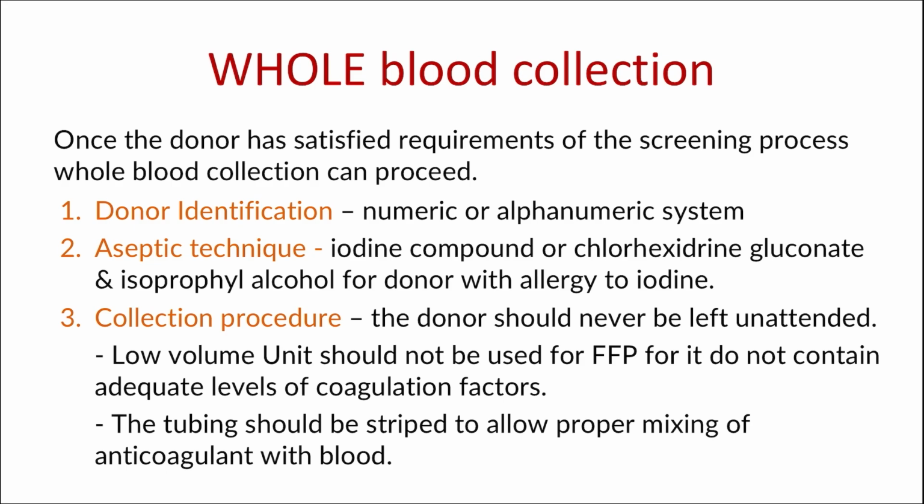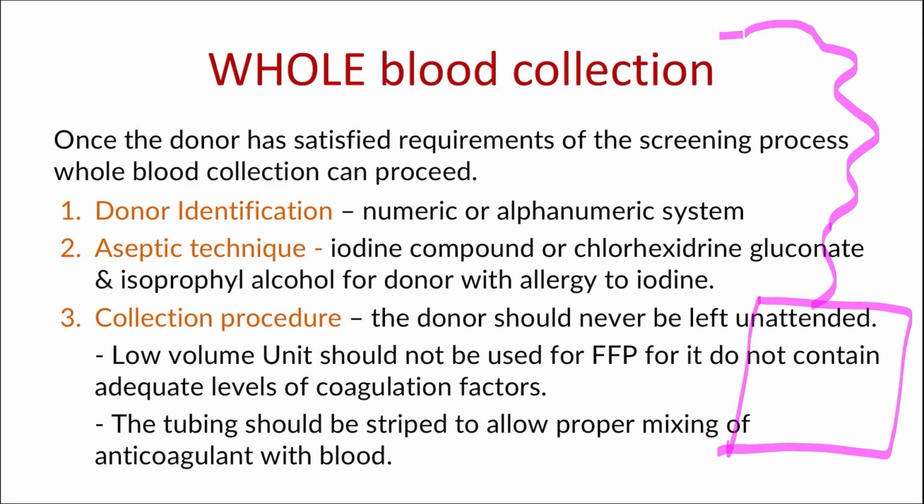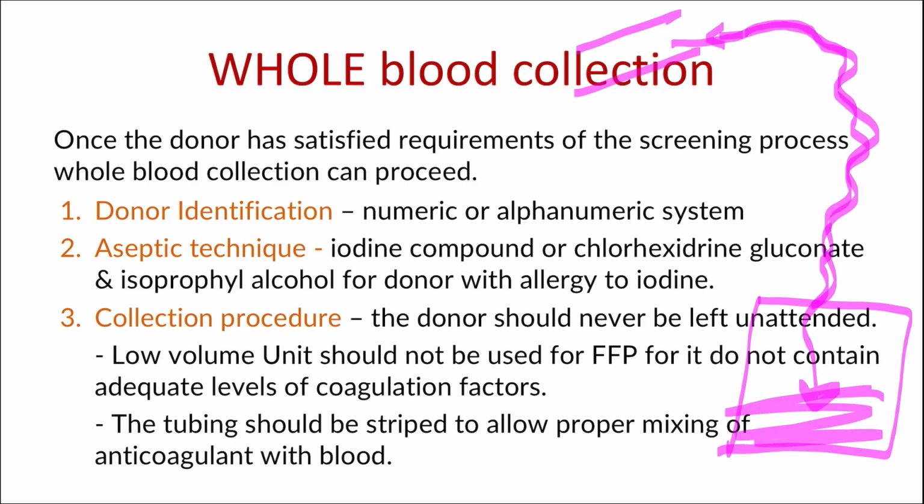What is meant by this one? So again, you have here the needle, and then you have here the tubing, and then it's connected, of course, to the blood bag, right? So the blood will flow from the arm of the donor to the tubing and then here, until such time you reach the sufficient amount of blood.